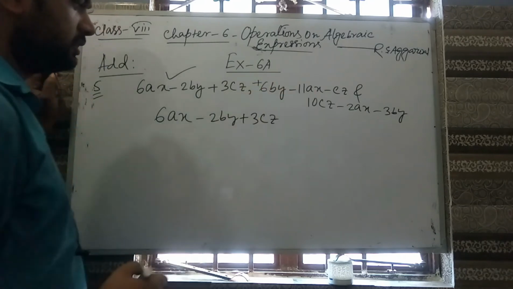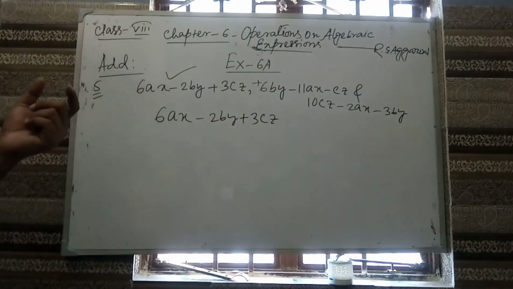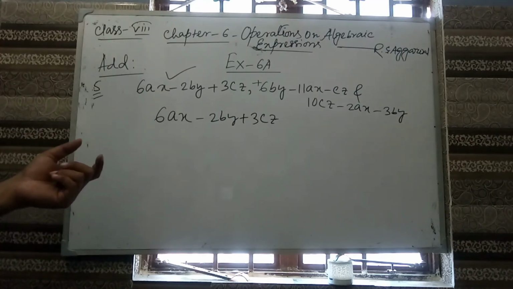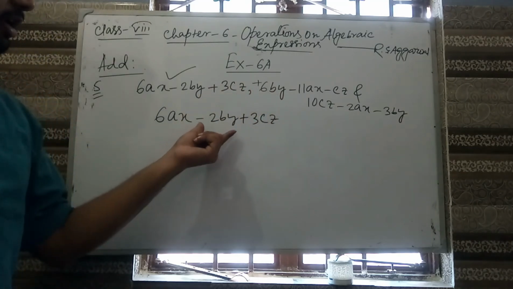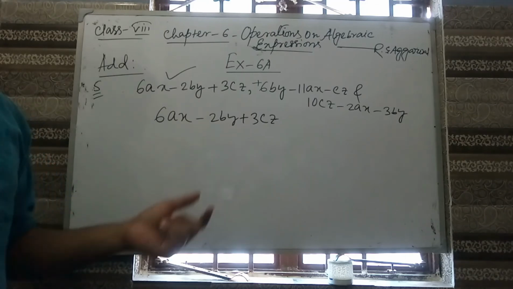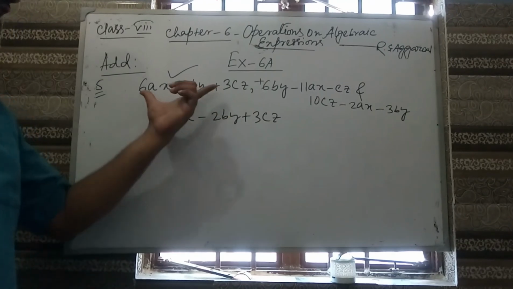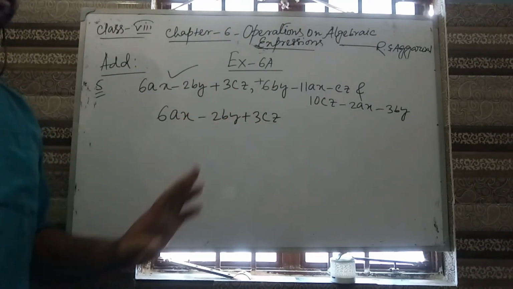It is plus. And here BY is in the middle, while in the first expression we have minus 2BY at the beginning.